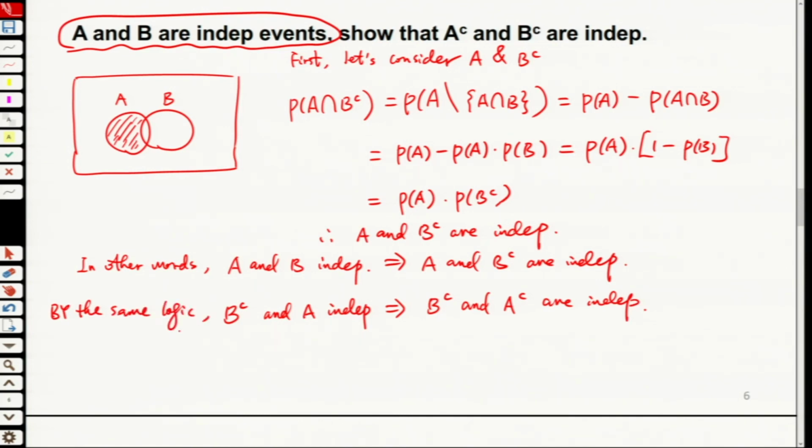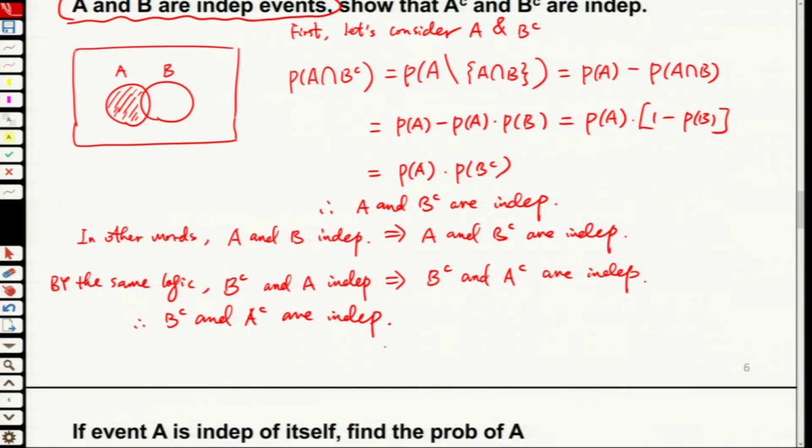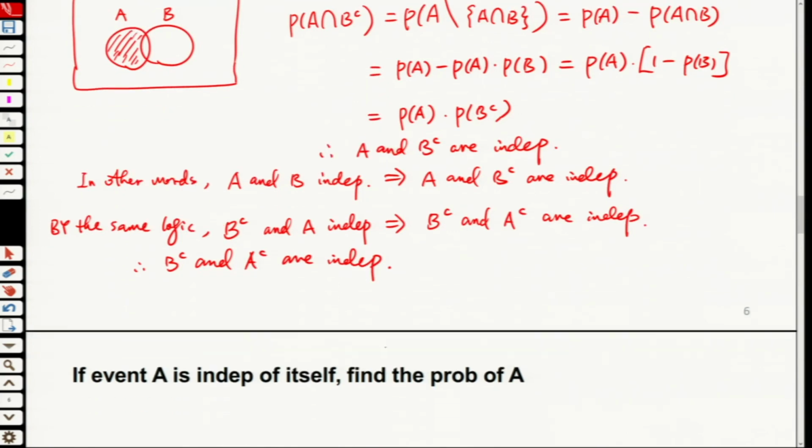So up to this point, we have B complement and A complement are independent. Am I making sense?